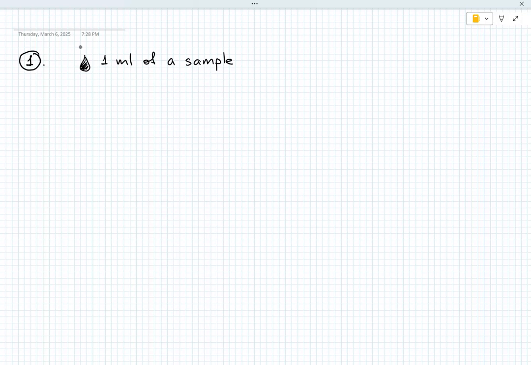No, all good? Just let me know if something comes up. 1 milliliter of a sample that is placed essentially in a petri dish. Okay? And after the incubation, what do we get? We get 82 colonies.